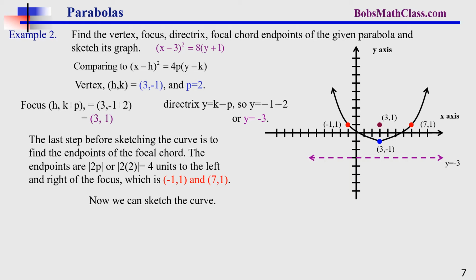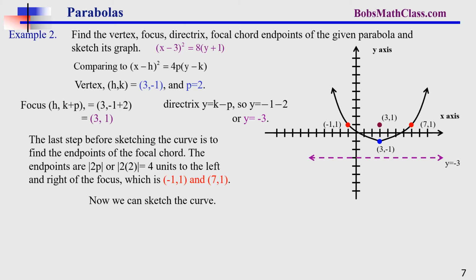Okay, so just to recap, the vertex was (3, -1). Set 4p equal to 8, that gives you p equals 2. So count 2 up for the focus, which is always inside the parabola, and then 2 down, but draw a horizontal line.